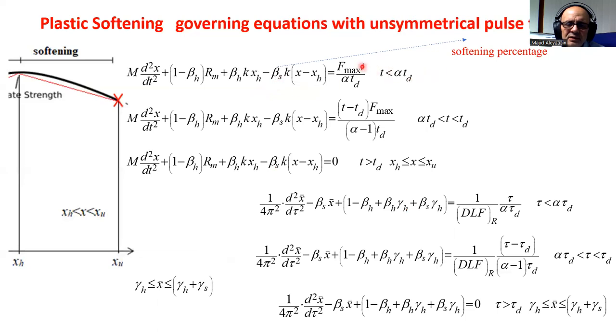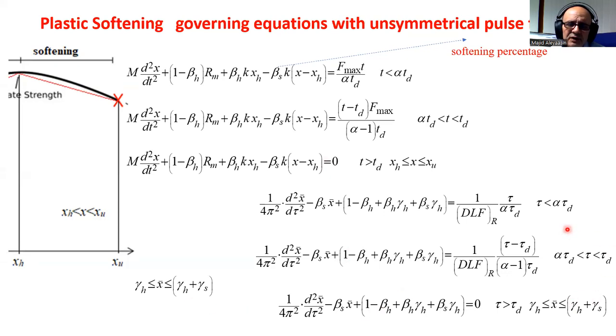This is the main equations, mass and stiffness, and the equation without damping, which is ignored. Obviously, damping is always negligible in safety analysis. And if we convert based on the dimensionless parameters, we see that all these dimensionless parameters, beta S, beta H, gamma S, gamma H, are involved.